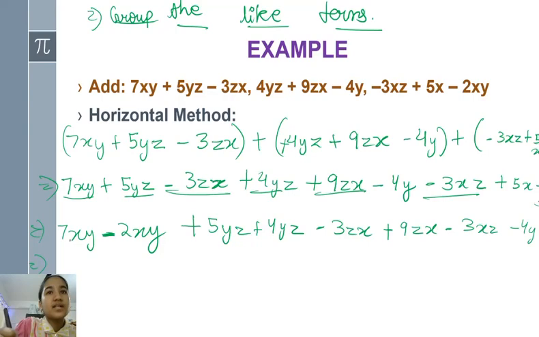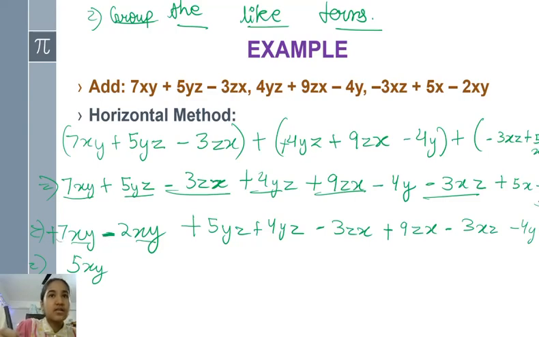So now the next step is that xy will remain as it is. You're not going to do anything with it. The thing you have to do is with its coefficient. 7 minus 2, according to the operation. What is 7 minus 2? It's 5. So the answer will be 5. Now why is it not minus 5? Because we all know plus, here it's minus, right?